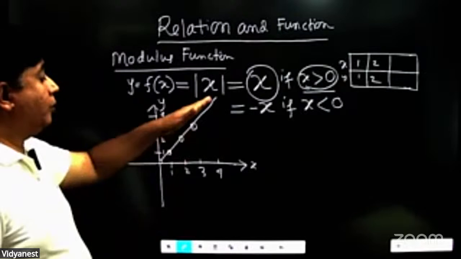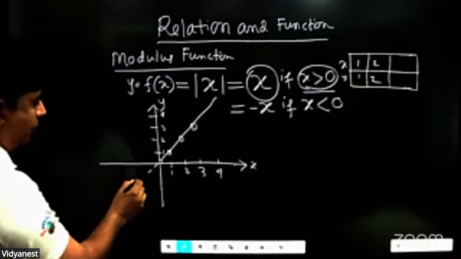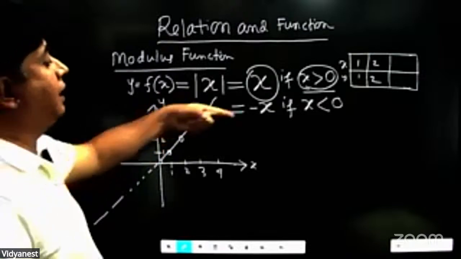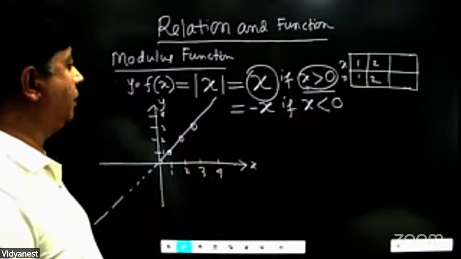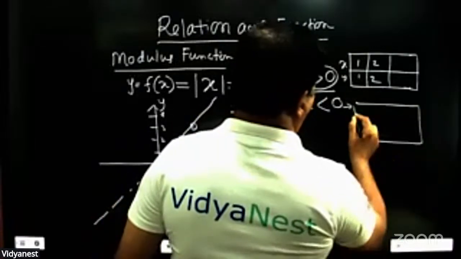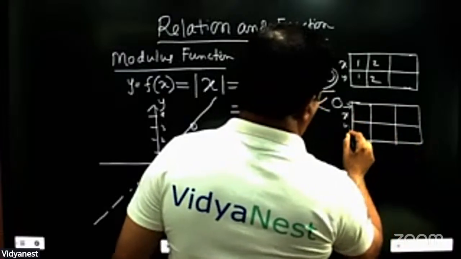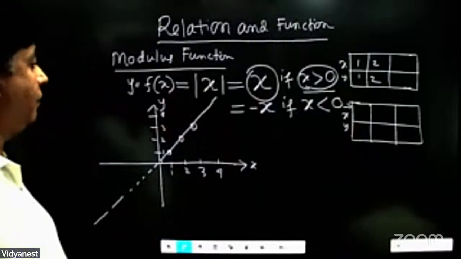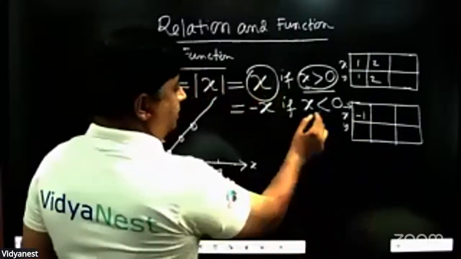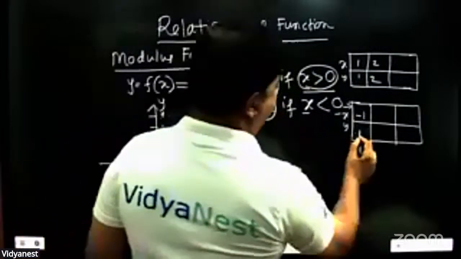Now, what will be its path? Like a linear equation, will it go through in this way? Let us see the negative part of origin. See, x and y. X less than 0, you choose minus 1. X is minus 1, less than 0. What does it mean? In place of x, I will put minus 1.